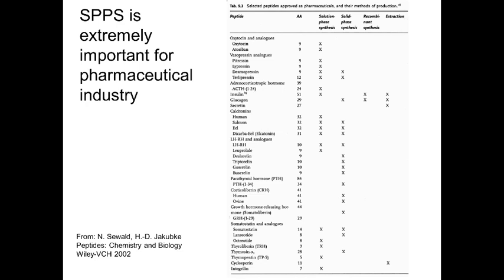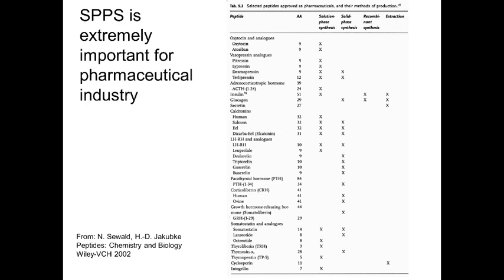Solid phase peptide synthesis is extremely important for the pharmaceutical industry. Therefore, I've shown here the slide that you see. I don't want to go into too much detail. I just want to give you an overview, and what you see from this summary is that solution phase synthesis is a viable method to synthesize peptides.